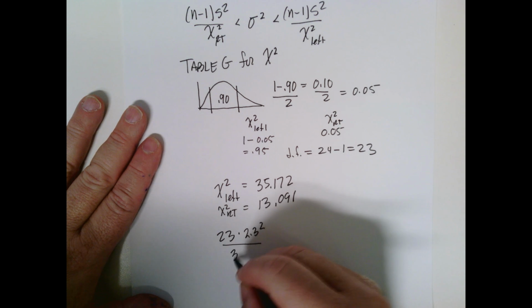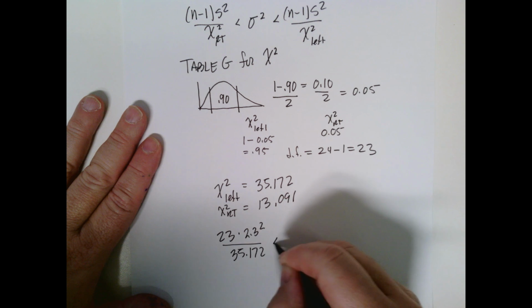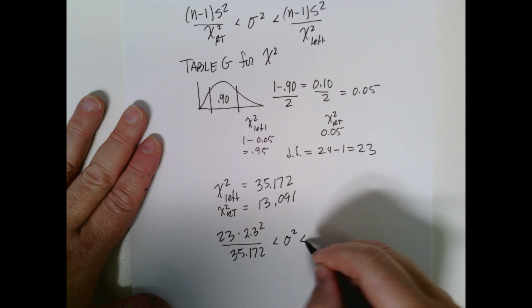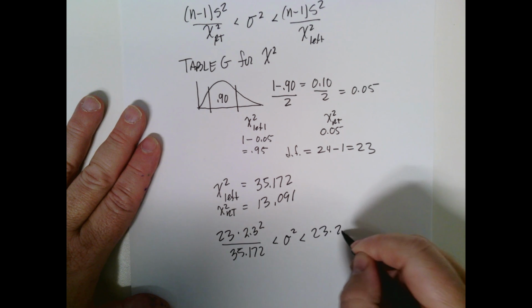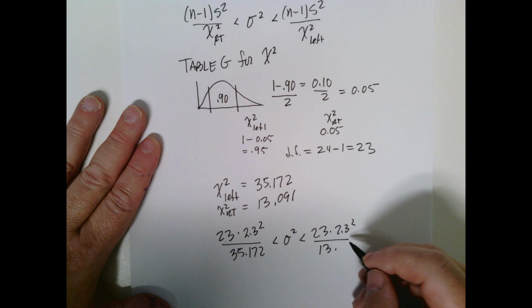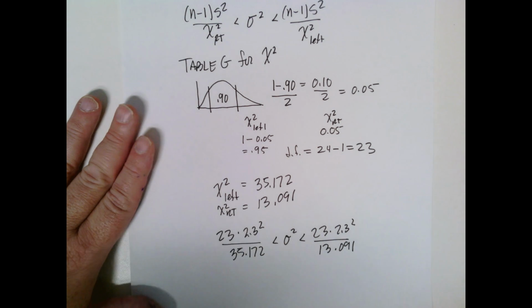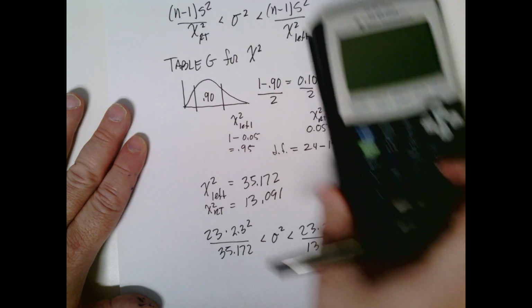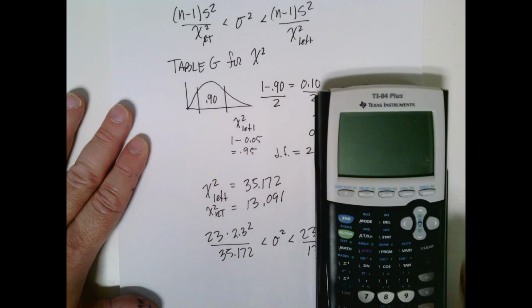over 35.172, sigma squared, 23 times 2.3 squared over 13.091. Now we can just plug this into our calculator.